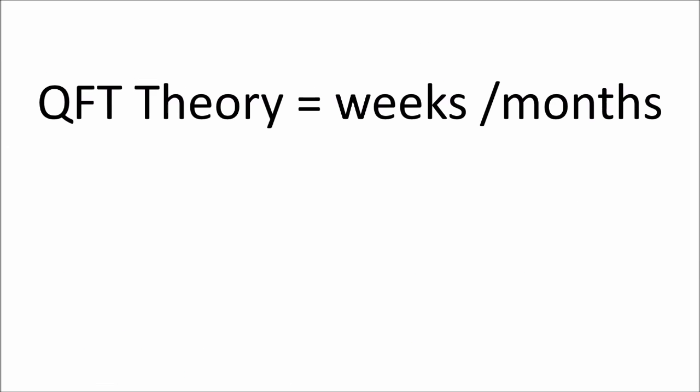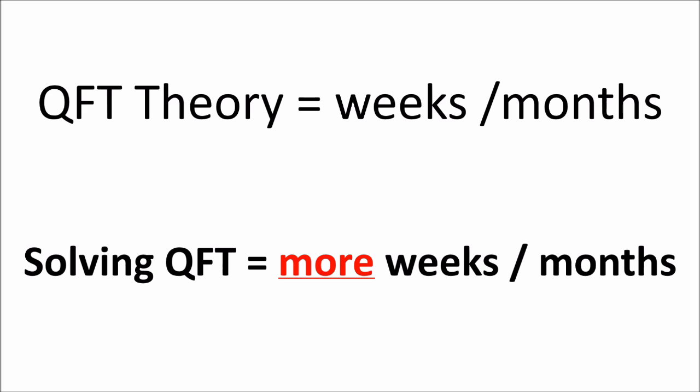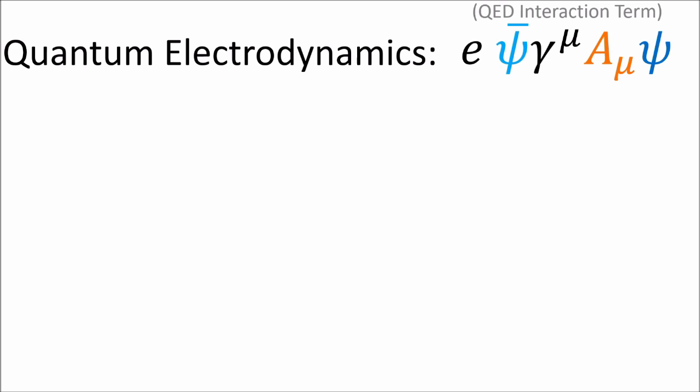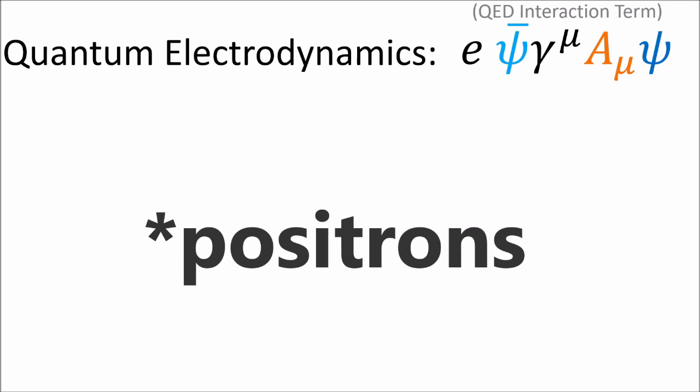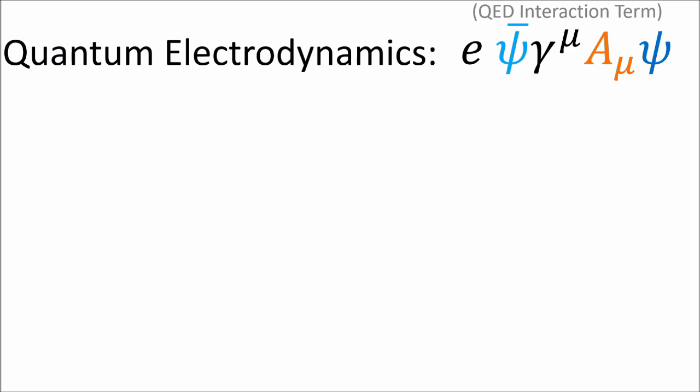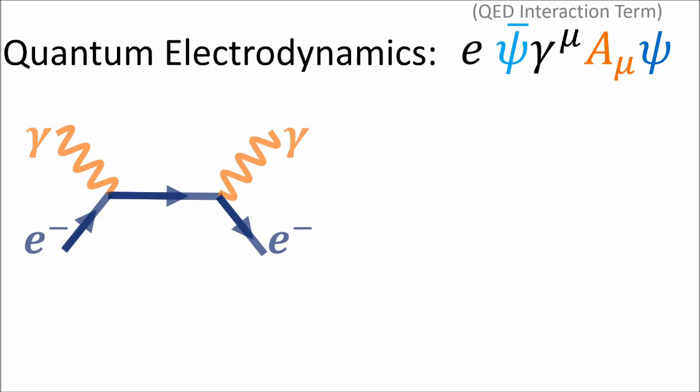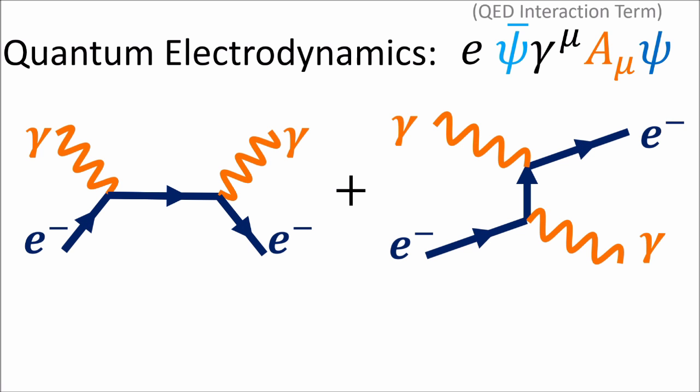Now, it can take several weeks, or even months, to learn the theory behind quantum fields in a classroom. But learning to solve quantum field equations can take additional weeks and months. For example, to solve quantum electrodynamics problems that involve electrons, positrons, and photons all interacting with each other, you need to learn the method of Feynman diagrams.